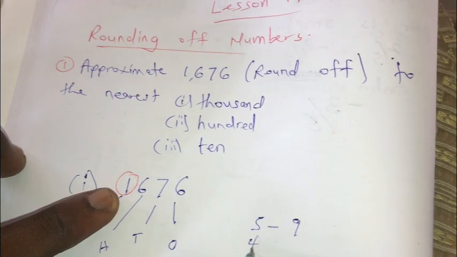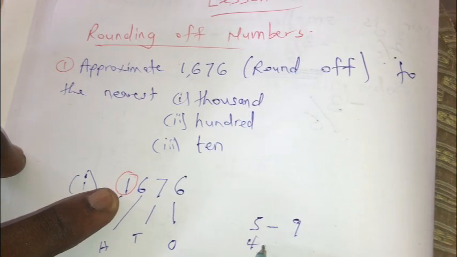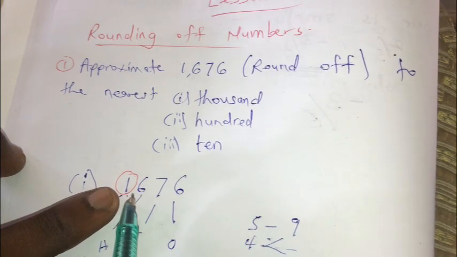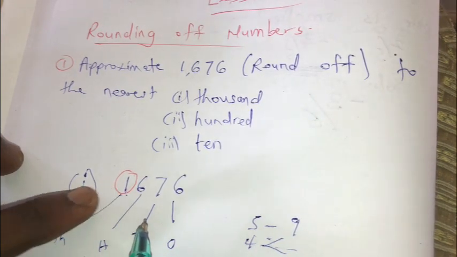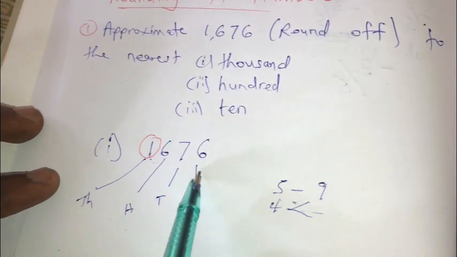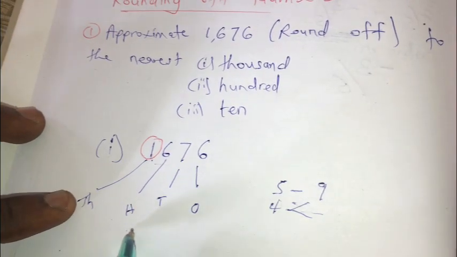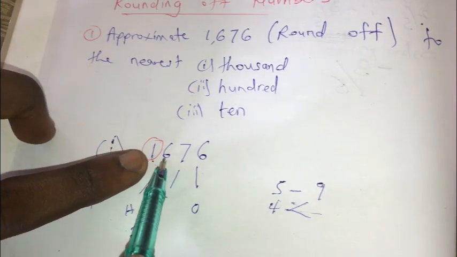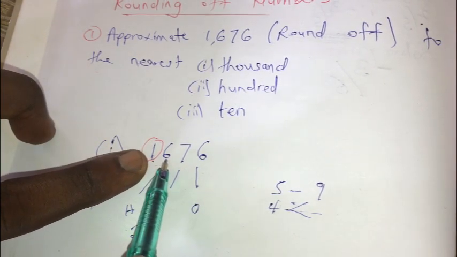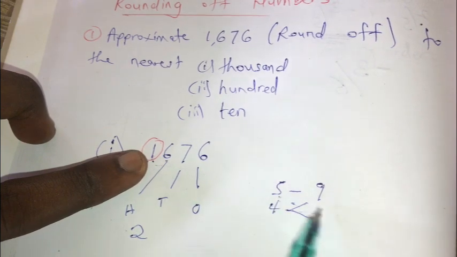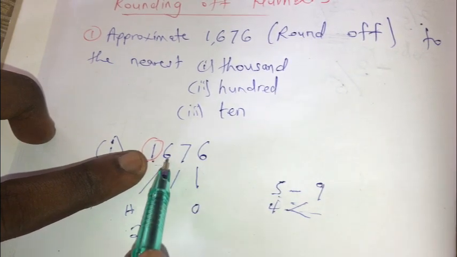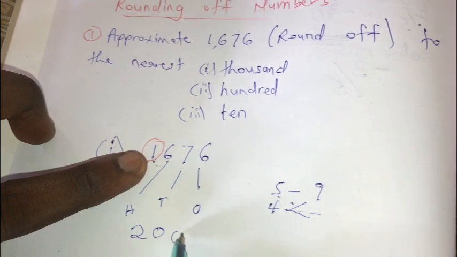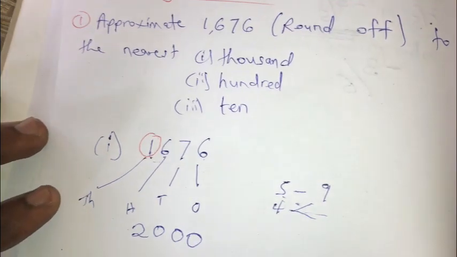But if it is 4 or less, it means that you leave it like that and make the rest 0. So this number to the nearest 1000 is going to give me 2. Why 2? Because the number after the 1000 is 6, which is more than 5. It's between 5 to 9. So 2, then the rest of the numbers become 0. So how many numbers are there? 0, 0, 0. That's all.